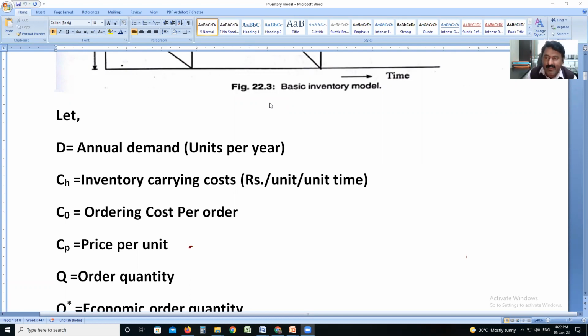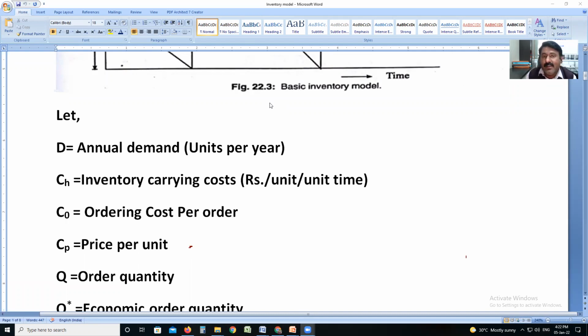CH, what is CH? CH is the inventory carrying cost, in rupees per unit time. For example, 1000 rupees per 500 units per 1 month. This may be one of the cases.